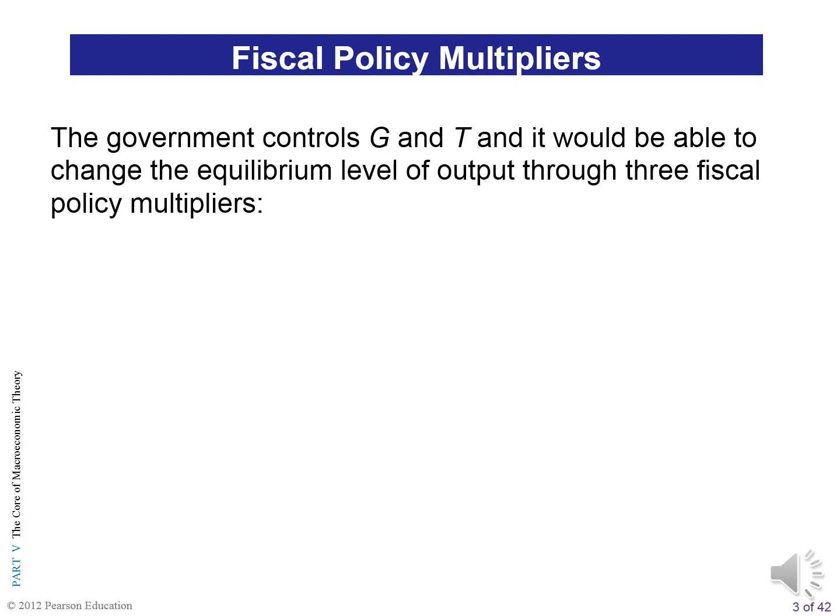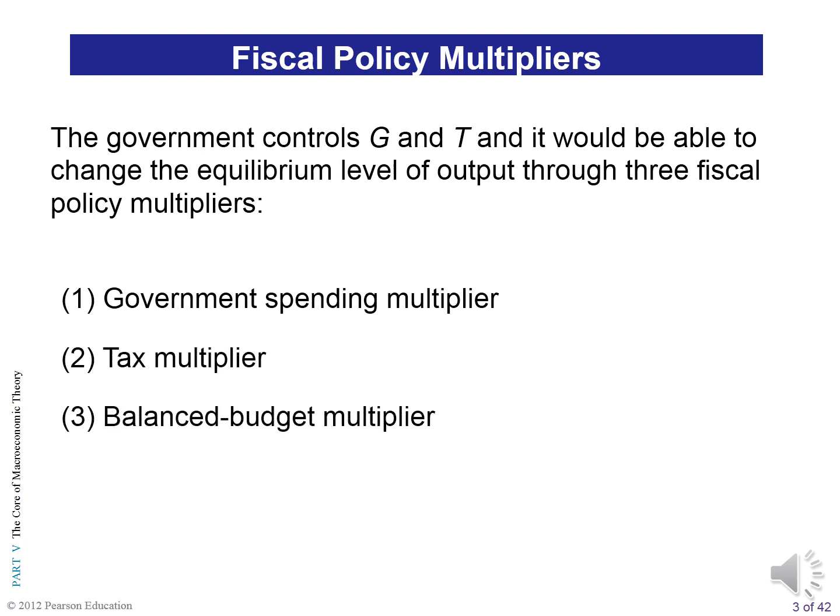As we know from last lecture, the government controls government spending and net taxes, and it is able to change the equilibrium level of output through three fiscal policy multipliers: government spending multiplier, tax multiplier, and balanced budget multiplier. Let's talk about each multiplier in detail.